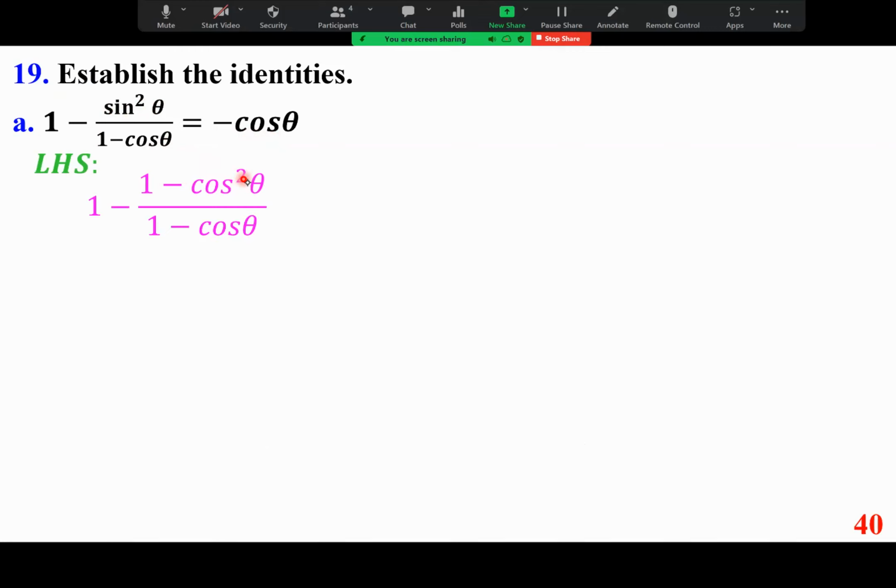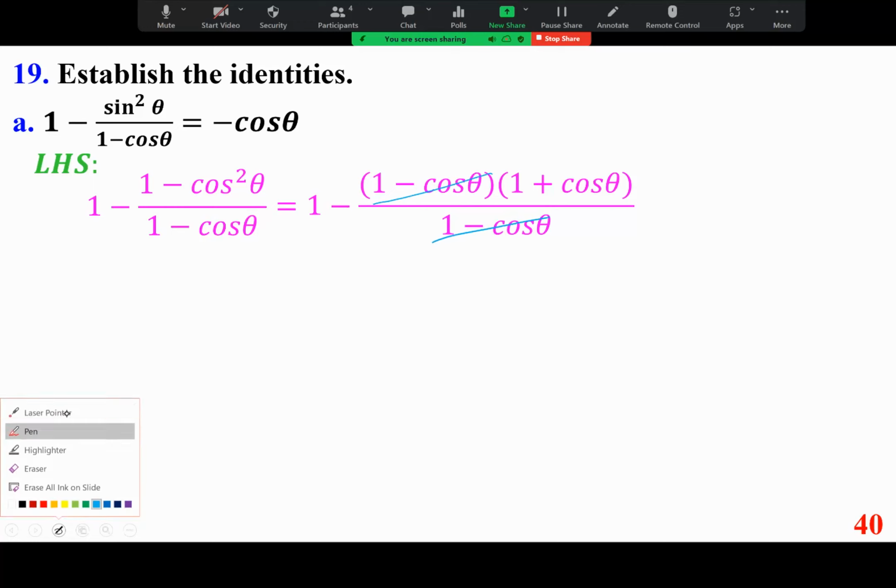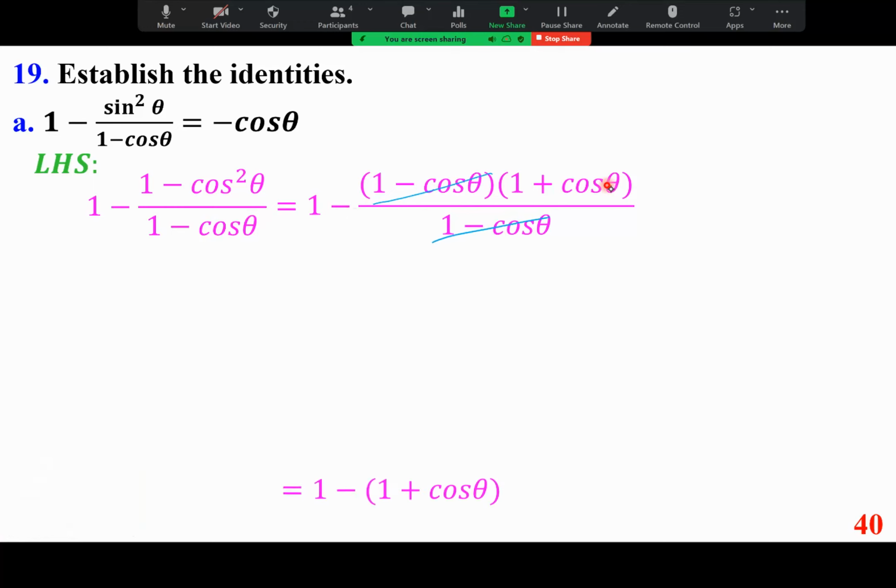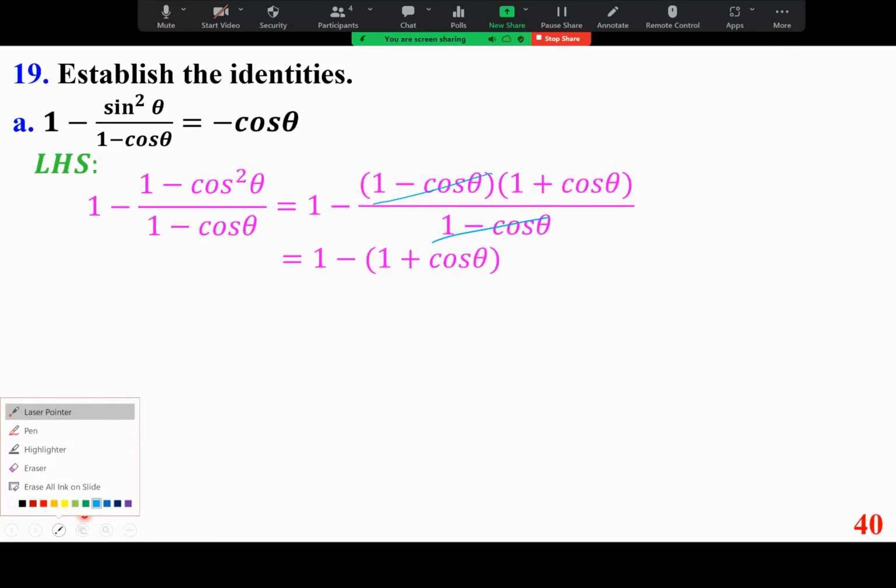And you know this is 1 minus cosine, 1 plus cosine. So 1 minus 1 plus cosine. And so 1 minus 1 minus cosine. Okay, so if you apply the negative, we get minus 1 minus cosine. And this is the end of the proof.